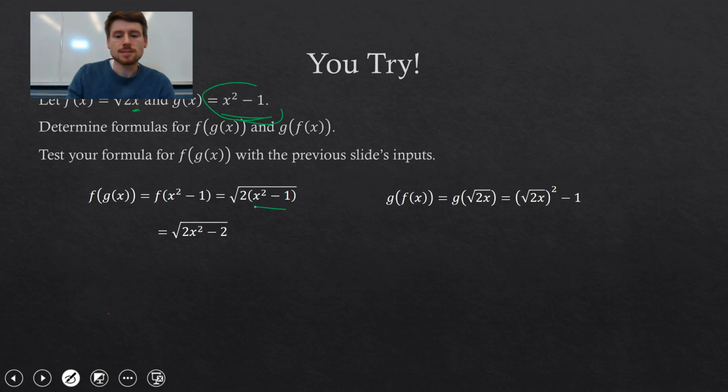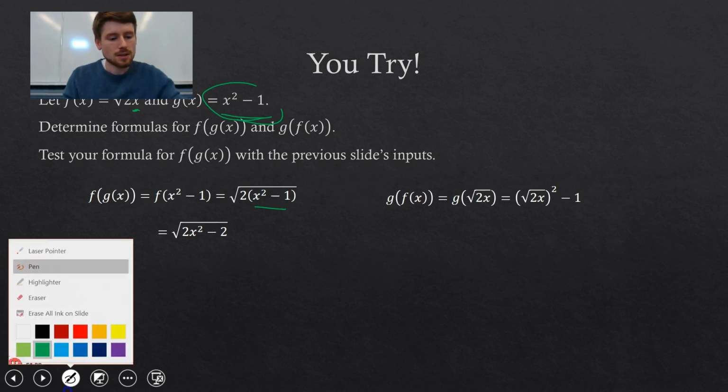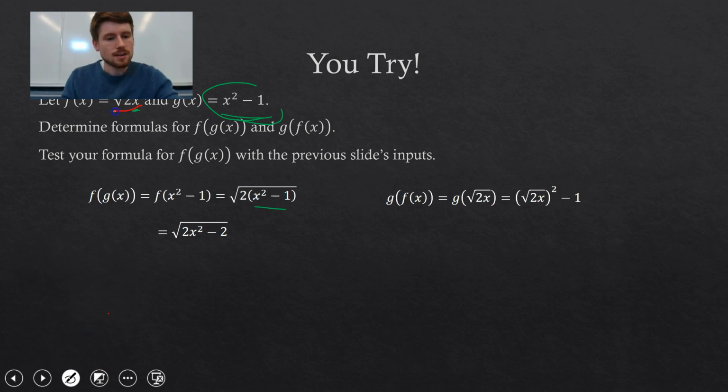For g of f of x, we're taking f of x, the other function, plugging that in to everywhere we see x in g, which is right here. So this guy is going over into the g function. And so we're going to plug root 2x in. And so when we plug root 2x in, g says to square it and then take away 1.